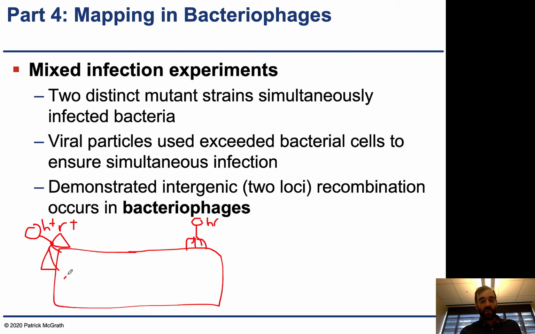Now you have two different genomes present in the same cell. One has the H plus R plus, and the other has the HR alleles. Now that they are in the cell at the same time, you have the opportunity to mix and match these genomes together.